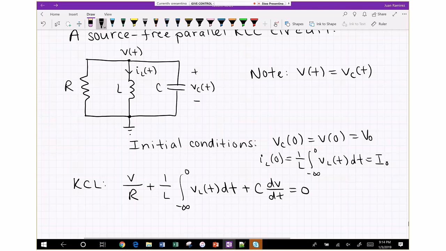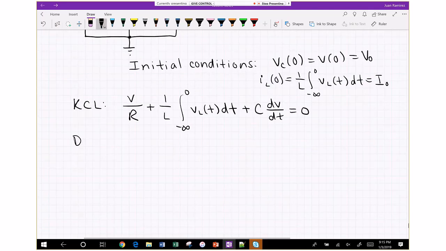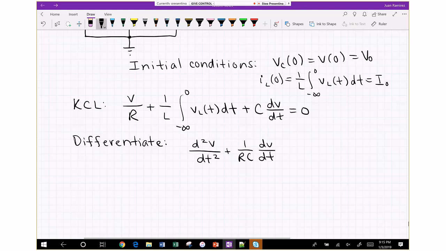If we differentiate and simplify in order to get rid of that integral, we end up with the following equation. And we can rewrite this equation in the following way.